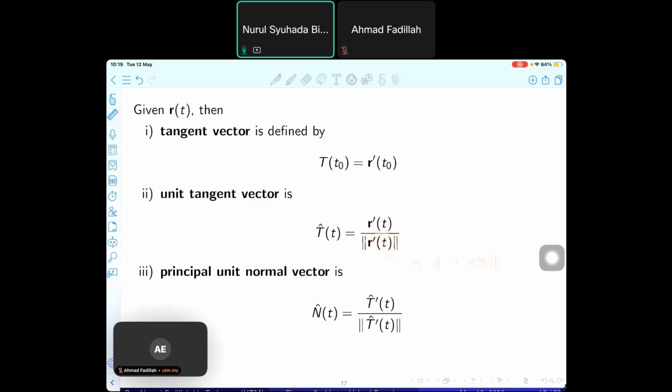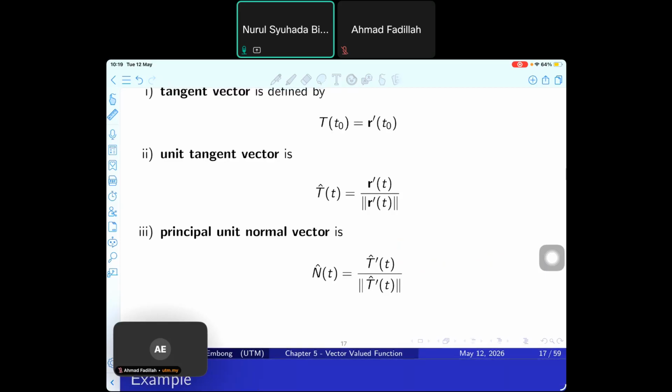And then the principal unit normal vector is given by N hat of t, which is the first derivative of the tangent T, divided by the norm of the first derivative of the tangent T.